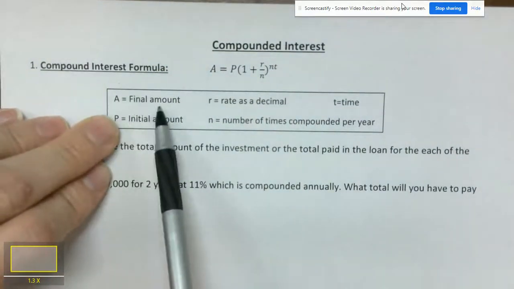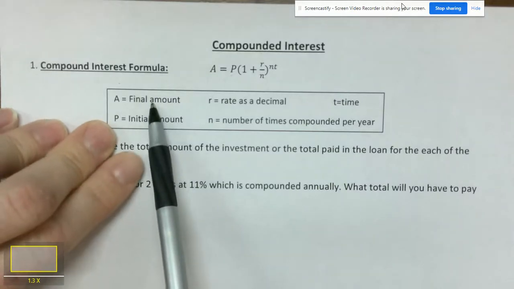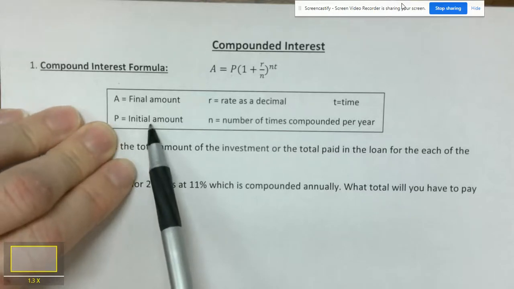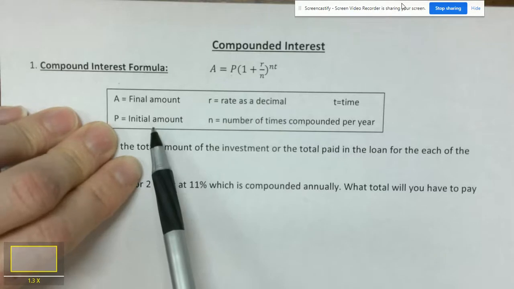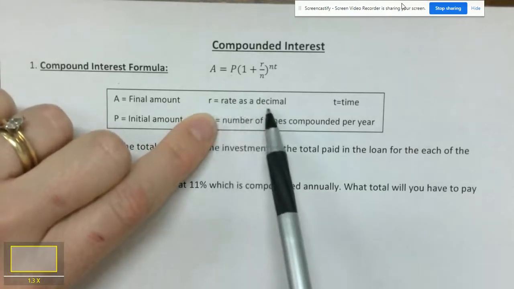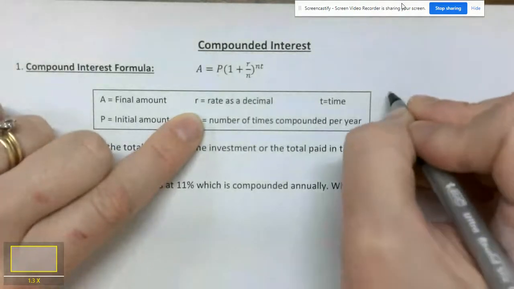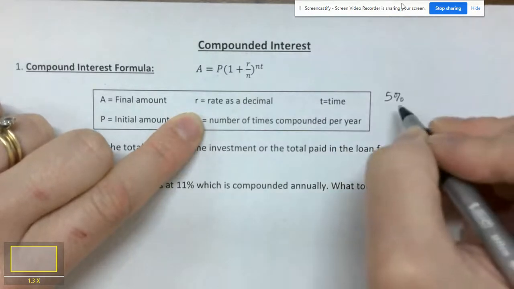So A represents your final amount. That would be like after 10 years, what would be in the account. P represents the initial amount. So like if you invested $500, your initial amount would be the $500 you initially put into that account. Your R is your rate as a decimal, and I'm going to talk about that just a little bit. If they told you that you had a 5% interest rate, then we would have to convert that to a decimal.